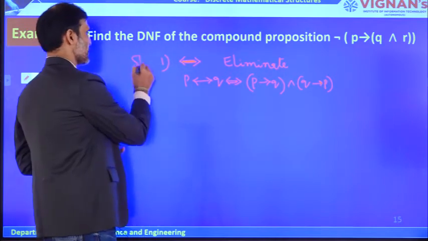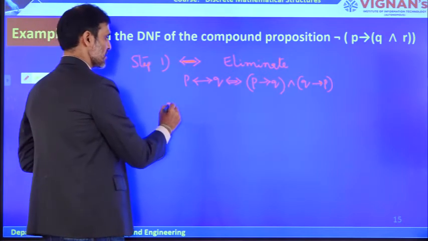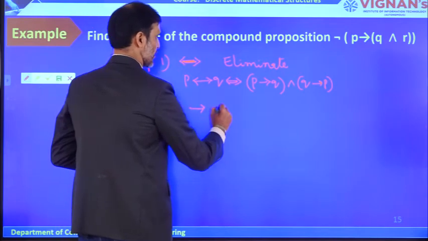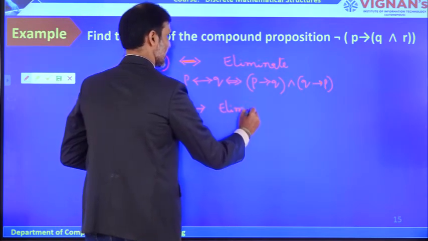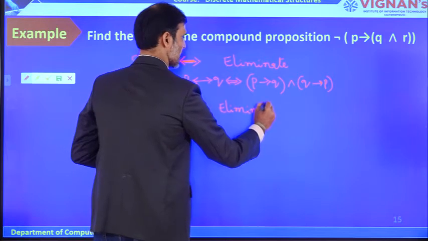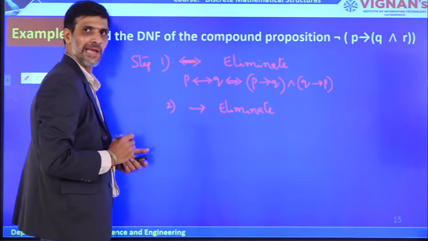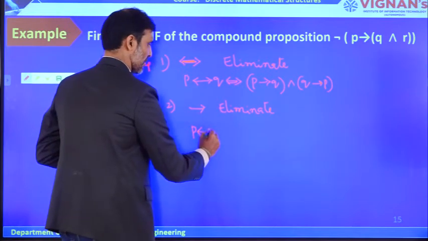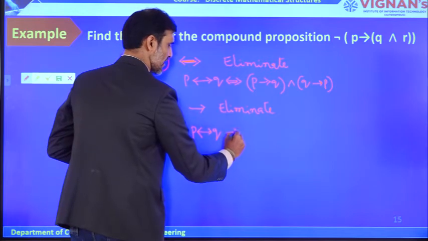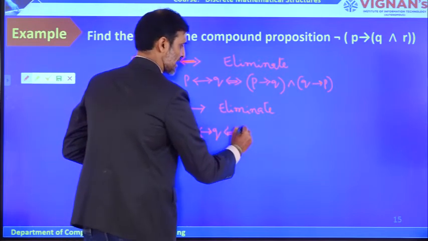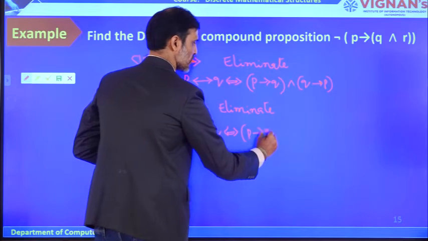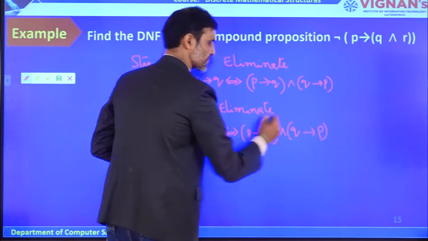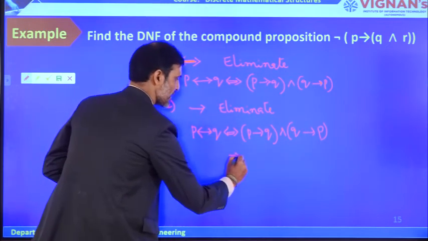This is step 1. Now coming to the second step, if the formula contains implication, you try to eliminate it. First eliminate biimplication, and then eliminate implication. The same formula as previously, P implies and implied by Q, is logically equivalent to P implies Q and Q implies P. How do I eliminate implication here?